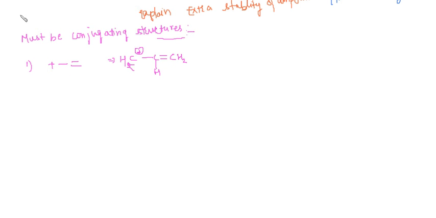Now the rest of the conjugating structures. The second is a negative charge in conjugation with a double bond. Third, a positive charge is in conjugation with a triple bond.